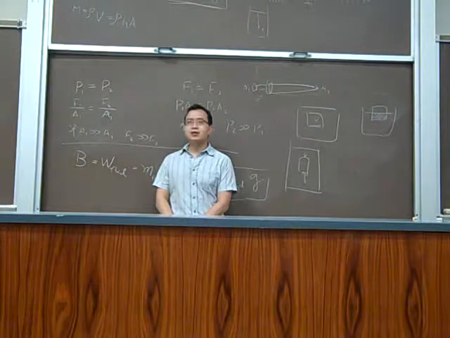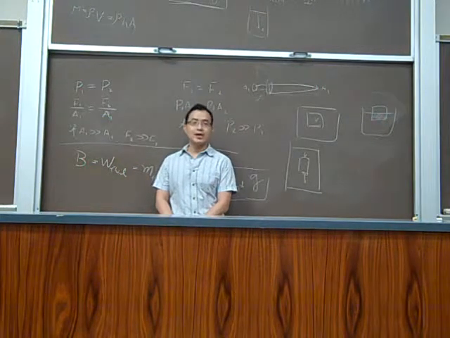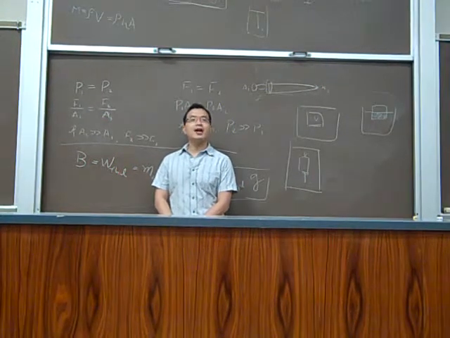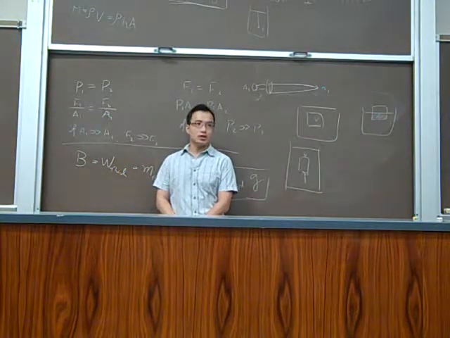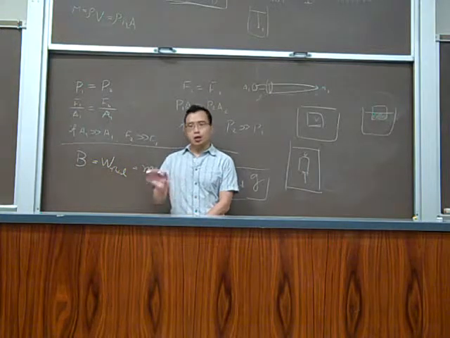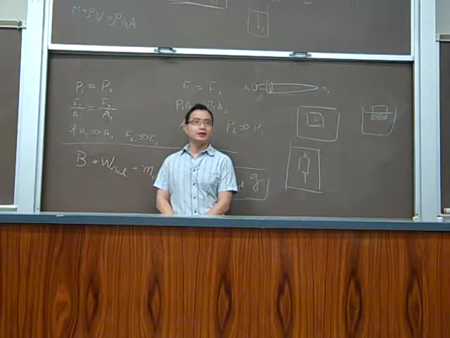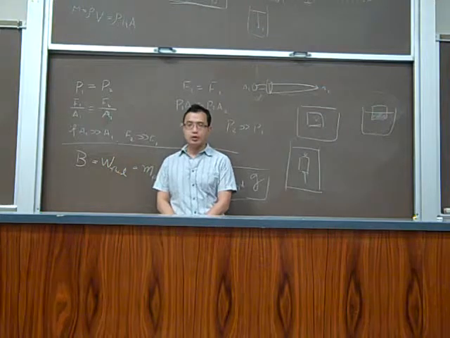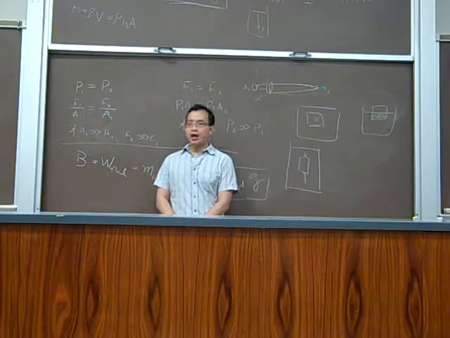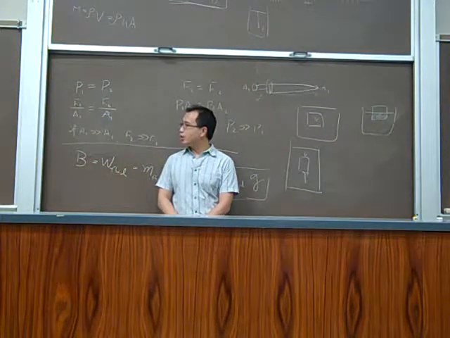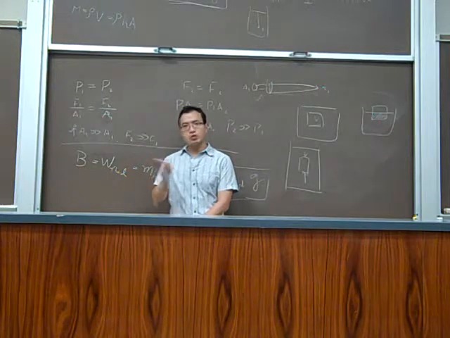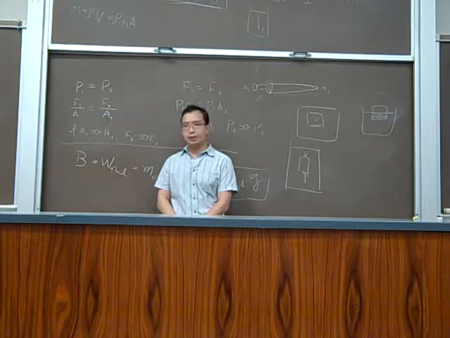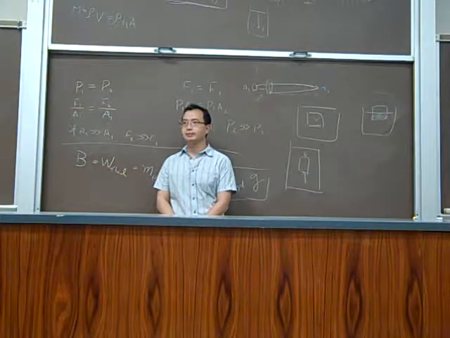But since the air density is very small, as for most gases, we can roughly say the weight we are measuring is the true weight. So the weight measured in the air we regard as the true weight, in this class at least. But if you measure the weight in some liquid like water or oil, the difference will be very large. So you have to distinguish the true weight and the apparent weight.